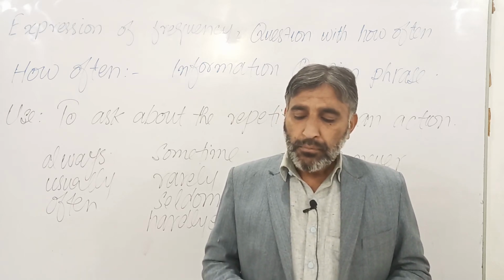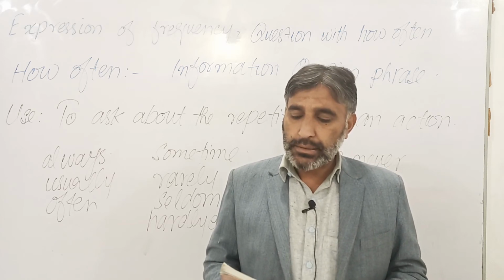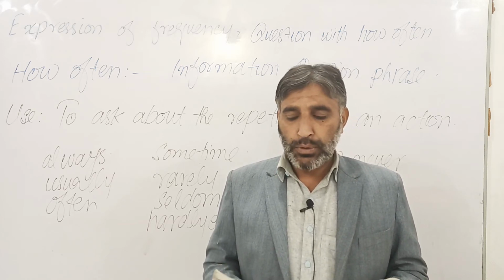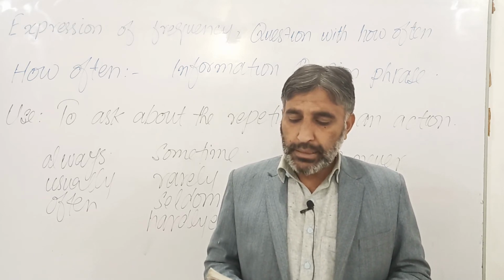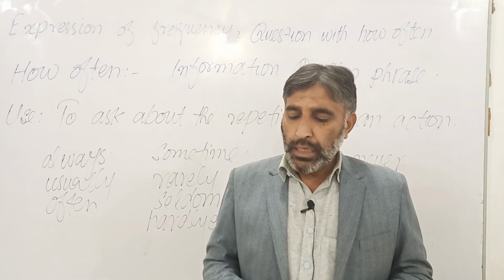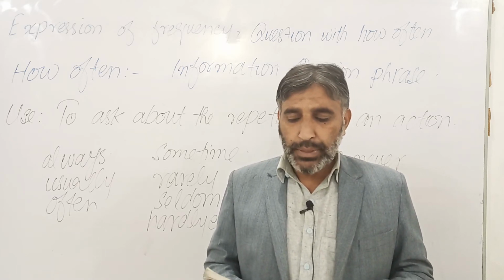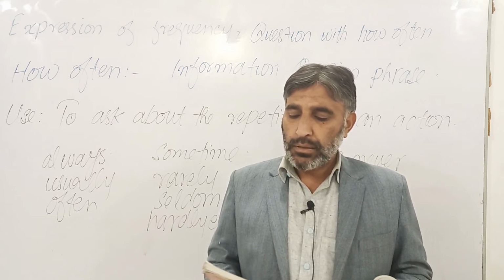Number 5: how often did Gino play tennis when he was on his diet? Very good. Number 6: how often does he play tennis now? Very good. Number 7: how often did Susan study when she was in high school? Two or three nights a week. Very good.